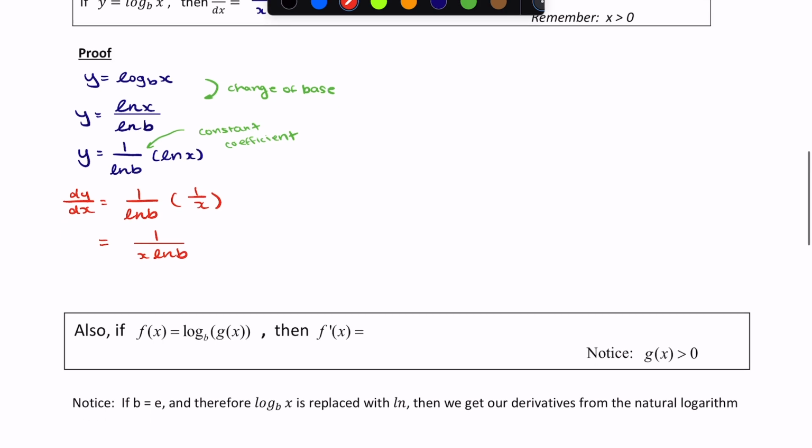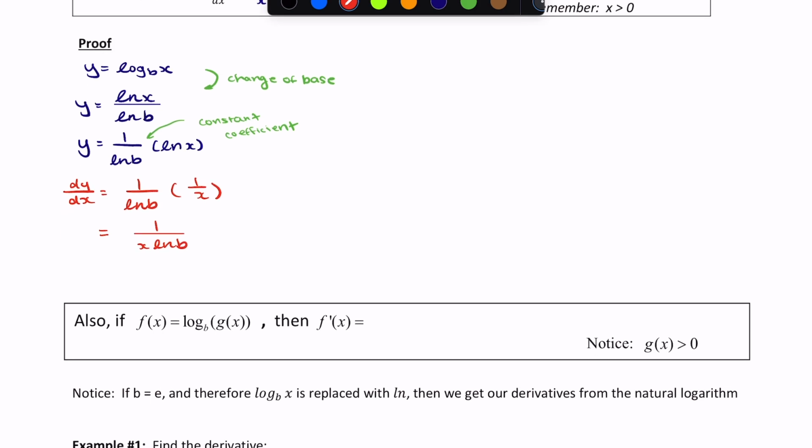And also, when we look at this theorem, if f of x is equal to log base b of g of x, then f prime of x, same kind of idea there, except we have to derive the g of x or whatever's on the inside. So here we have 1 over g of x ln b times g prime of x.